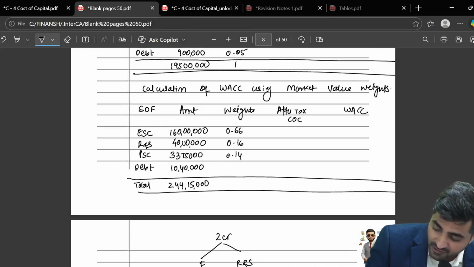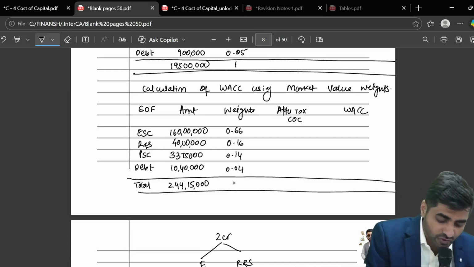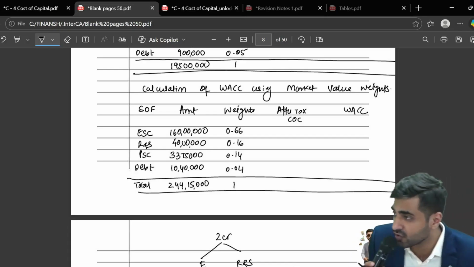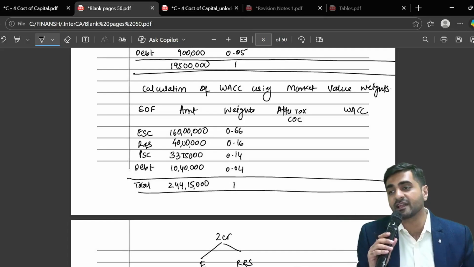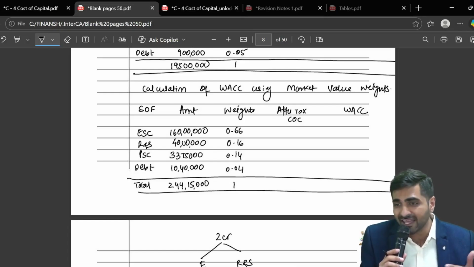And the last part 0.04. The total should be 1. So are we ready with all the weights? Yes, sir. Now what is to be done next? We have to calculate after tax cost of capital. And can I say after tax cost of capital is going to be different for your KE and KR.